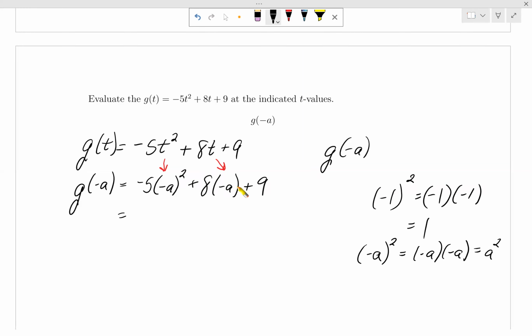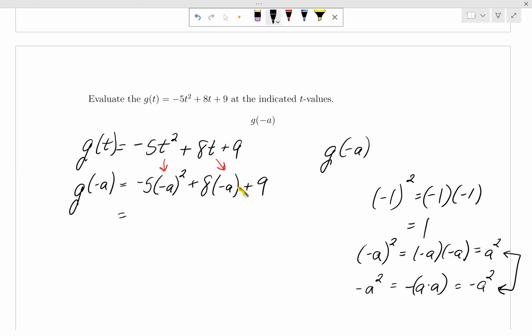This is different to negative a squared. This, what I just wrote, says negative a times a, which is negative a squared. This is another reason why parentheses are such a big deal, because you're going to get two different answers if you don't have your parentheses the right way.